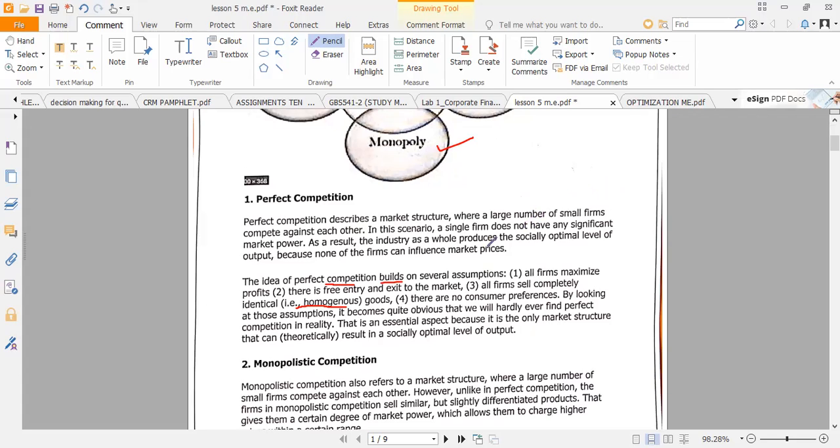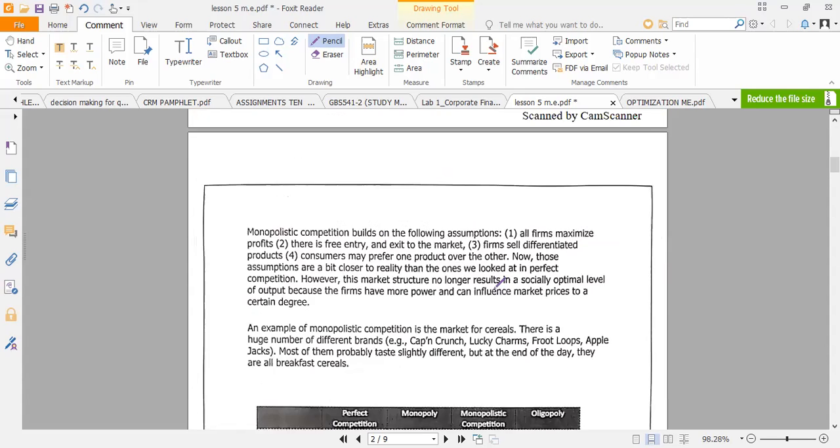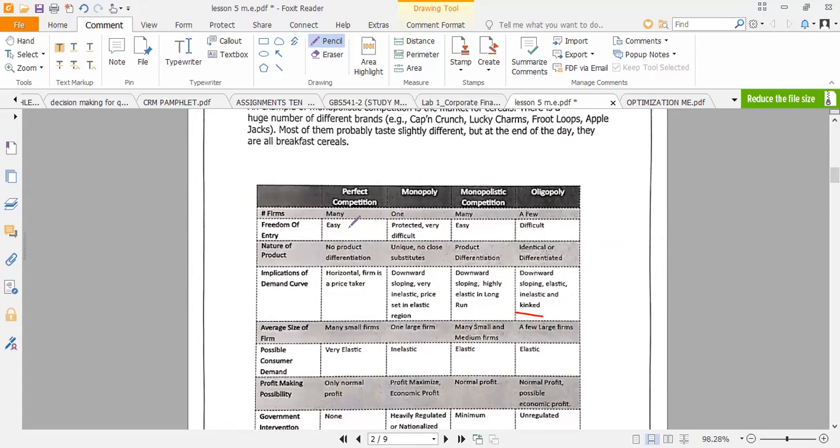In a perfectly competitive market, what should come into your mind is the common market. We have the following characteristics from the table. Number 1, there are many buyers and sellers.